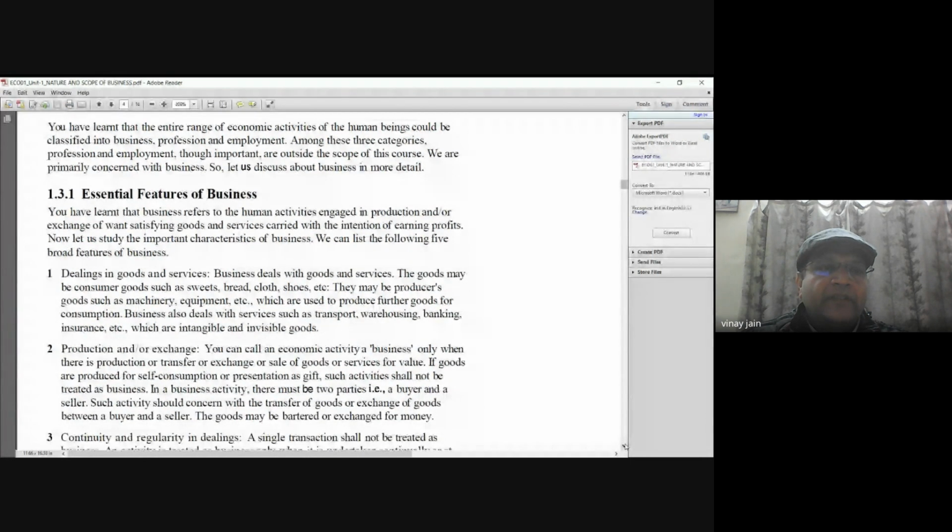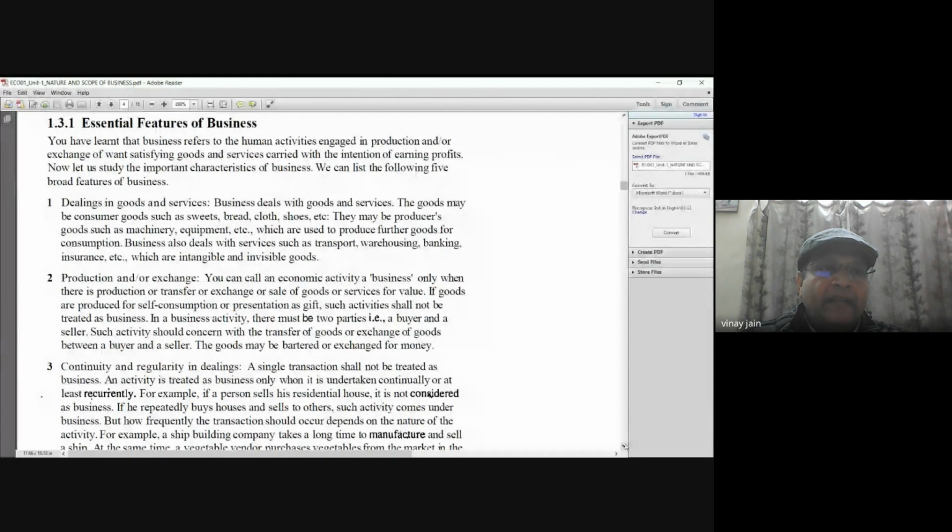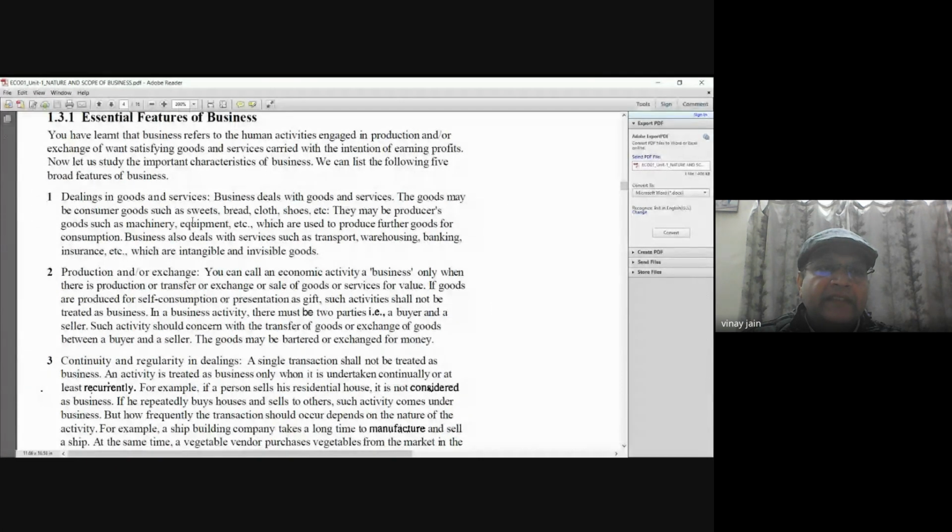Essential features of business: we have dealings in goods and services. Means in business, we have either goods or service, nothing else. And production and or exchange. Whether you are producing the thing and supplying it, or a business can be buying and selling, supplying a product which you have bought from somewhere else.